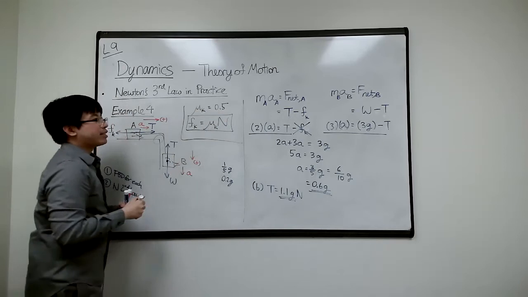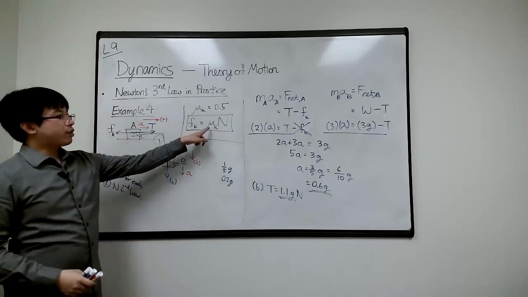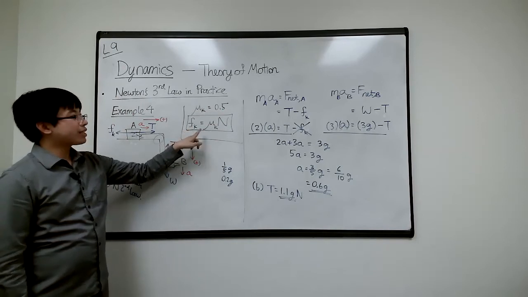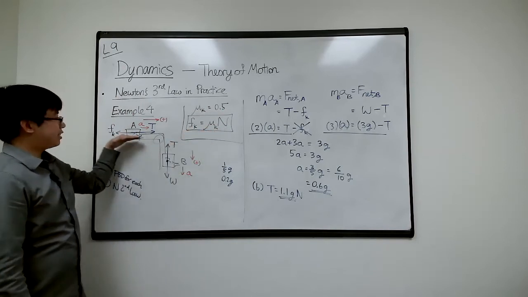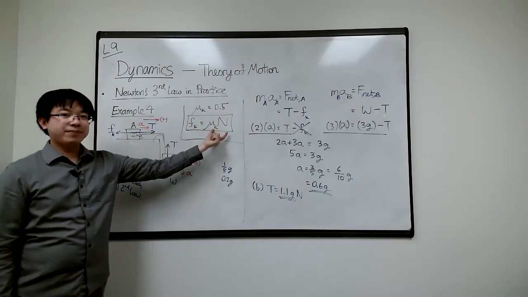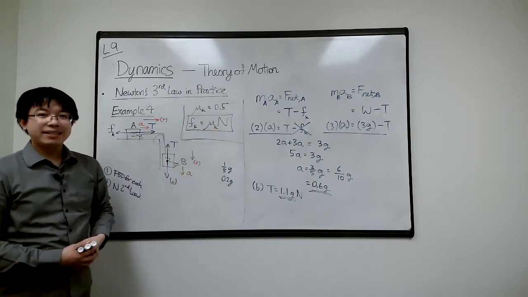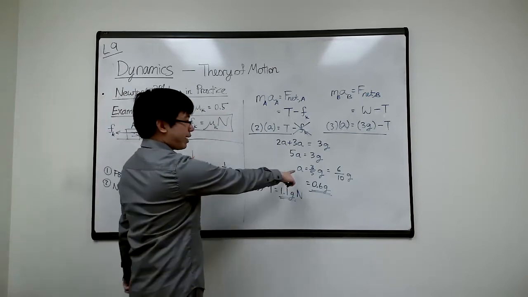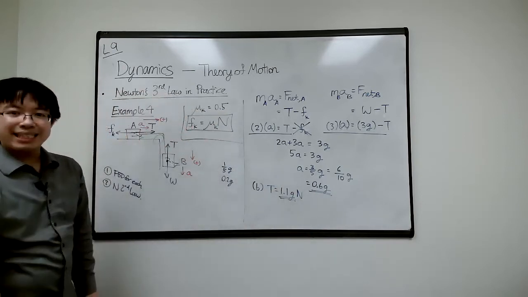Since it's 0.5, the kinetic friction coefficient, the surface is going to create half of the force of whatever the normal force is, okay? So you can redo this and tell me what A and T are.